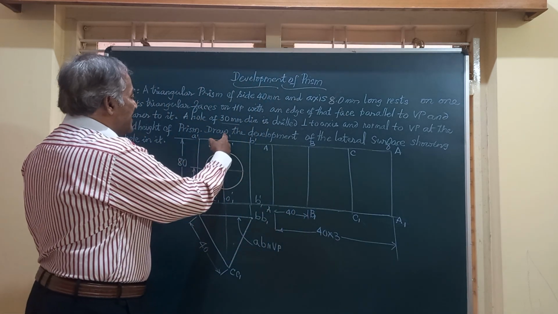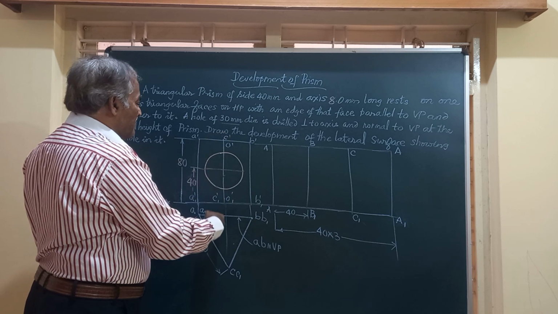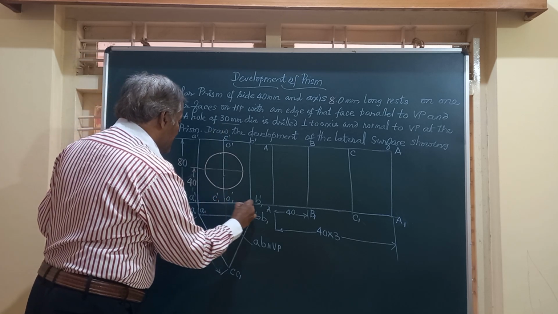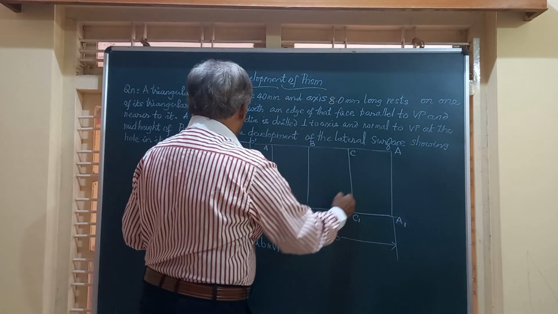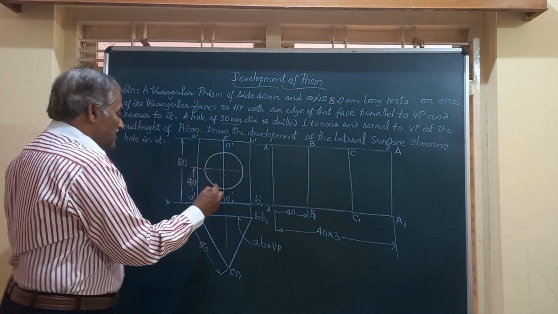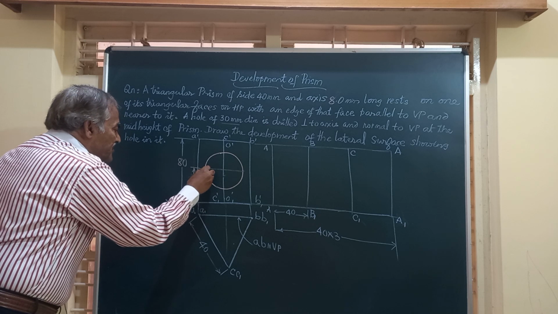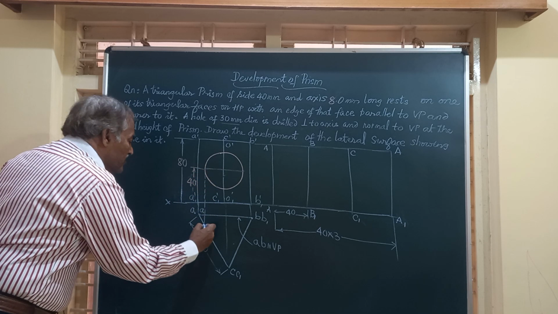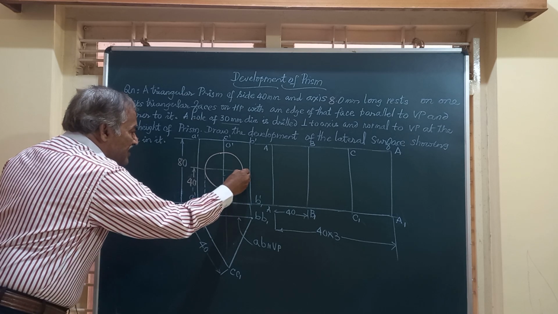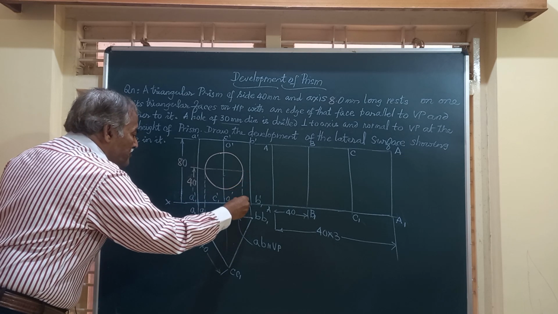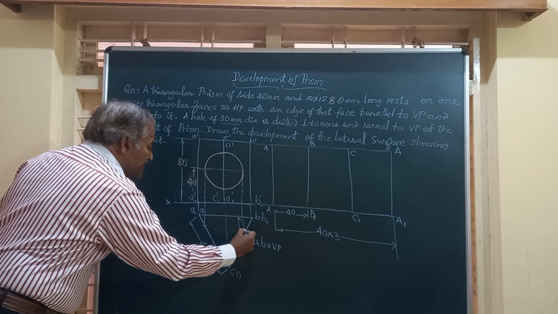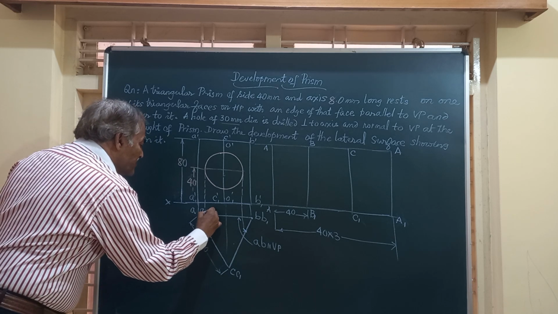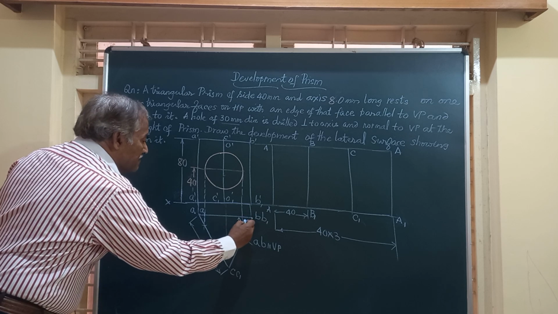This hole is drilled exactly in the center of the vertical edge CC. If you project it downwards from the edge of the hole, it will meet here. Similarly, this side will meet at a similar distance. This is how the hole is being drilled.